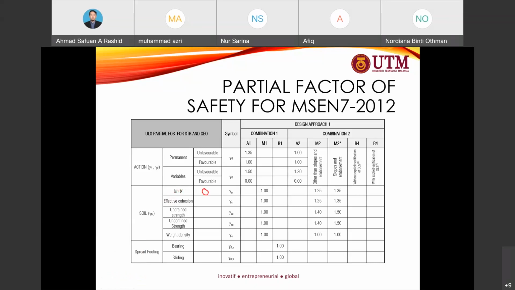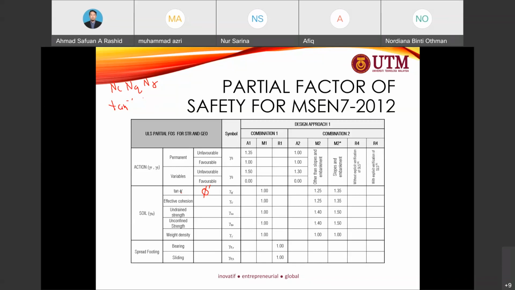In BS, we only use the tan value, but in EC7 they use tan phi. So if we want to get NC, NQ, or N gamma for the shallow foundation, we need to apply the factor to tan phi first in order to get the actual phi value, because phi is the actual value for the soil.